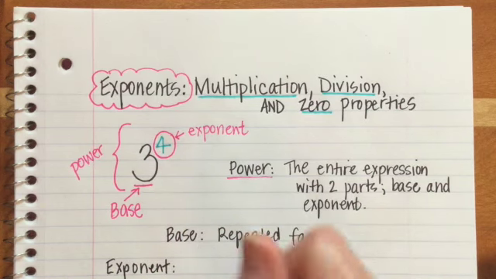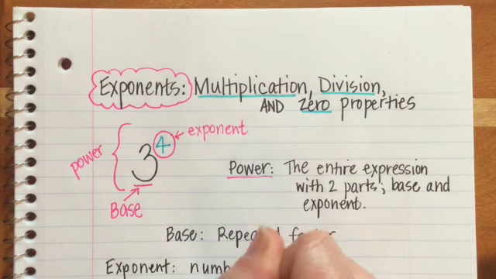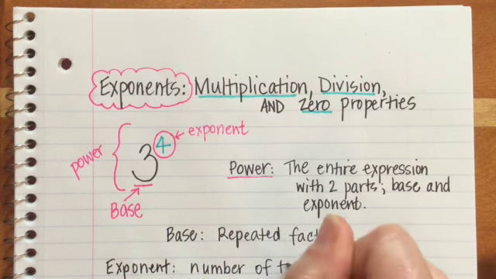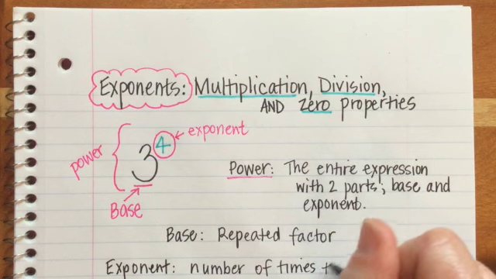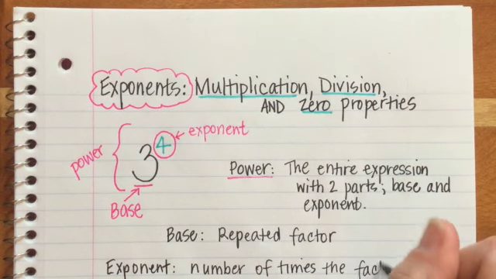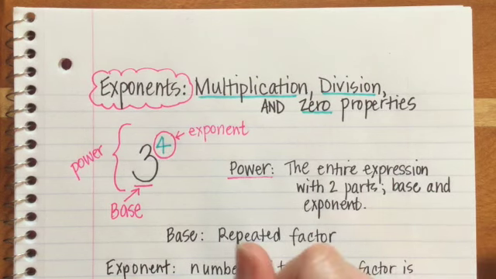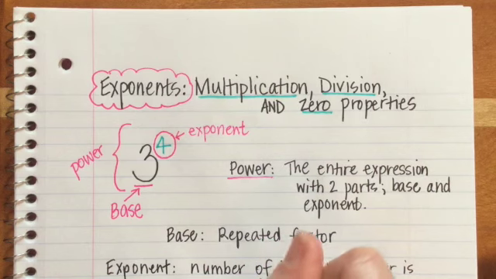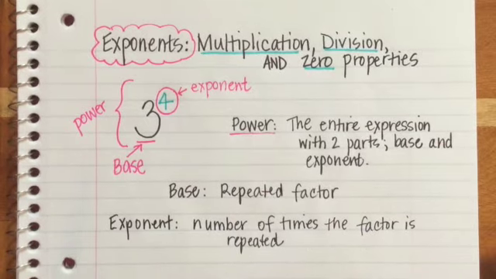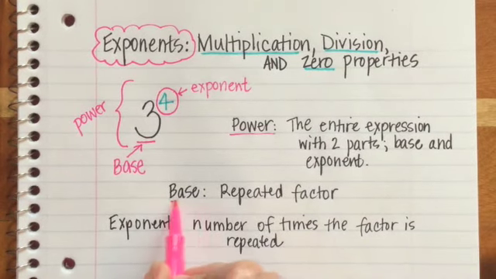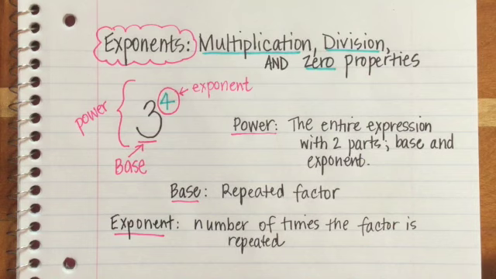And the exponent is basically just telling me the number of times the factor, in this case the 3, is repeated. So math can be broken down into much simpler language, and that's what I'm hoping that conversation has done for you. So there's some key pieces that you've got to be able to do when it comes to exponents.